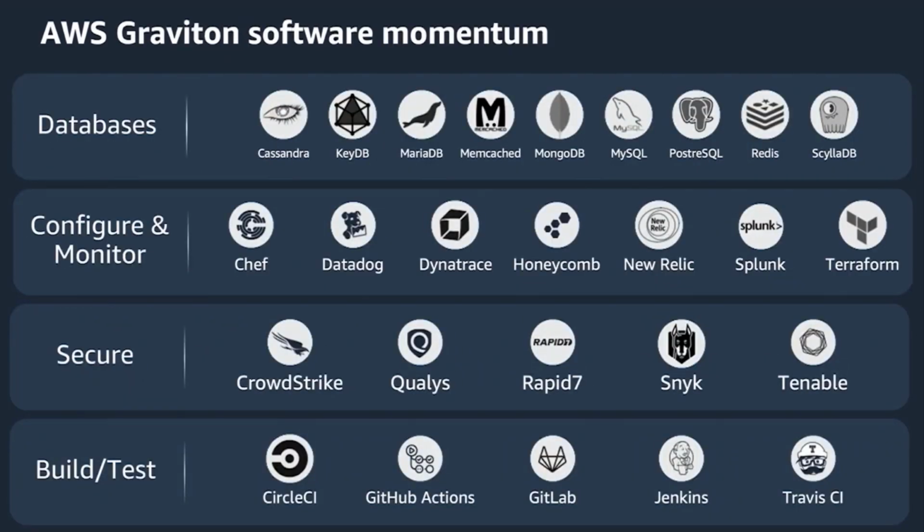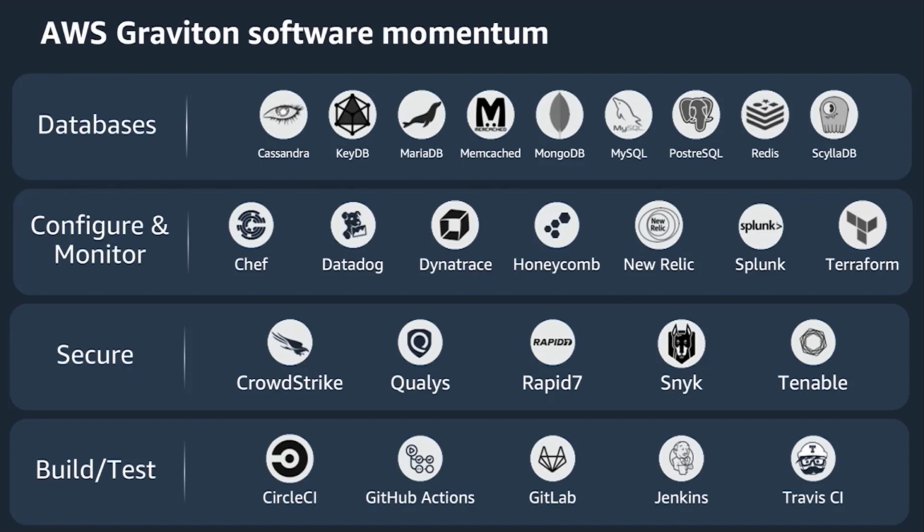And then zooming out a little bit, looking across the broader software ecosystem, thinking about ISVs and open source projects, the support for ARM64 and thus Graviton2 is quite good. Looking across some of the databases here, it's pretty common to find performance gains across most of these databases when running on Graviton2.